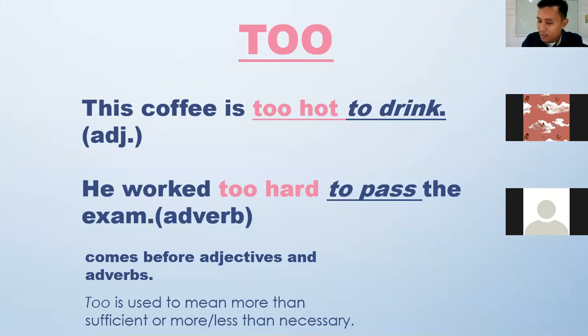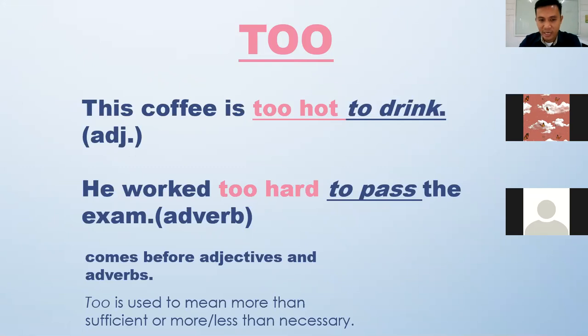It's not really necessary. Hard is okay, but too hard. So when you say he worked too hard to pass the exam, it means it is more than necessary. It is more or less than necessary, terlalu berlebihan atau terlalu sedikit dari yang dibutuhkan. That's why you use "too" to express that.